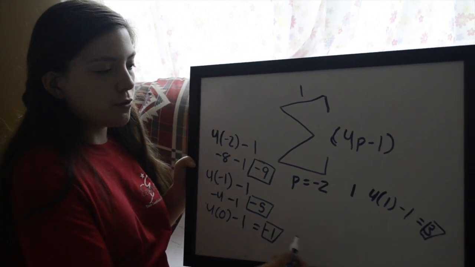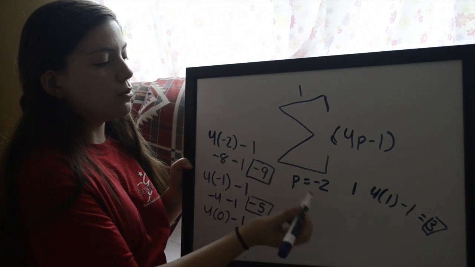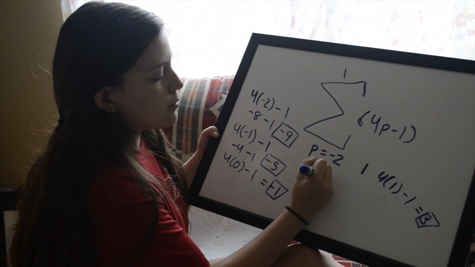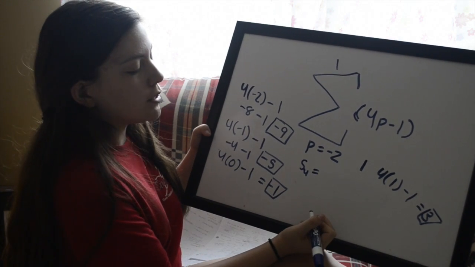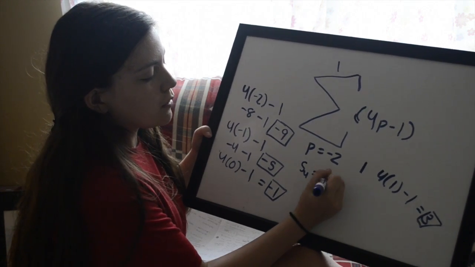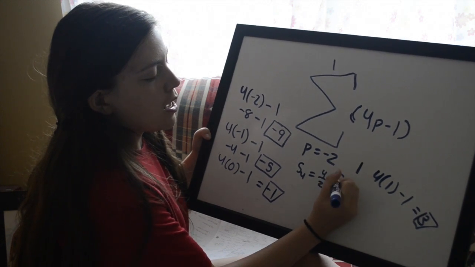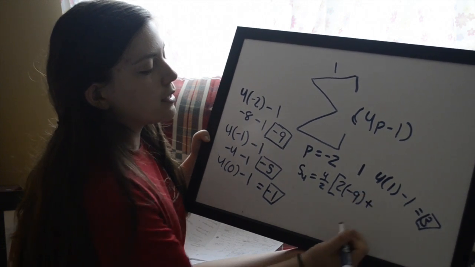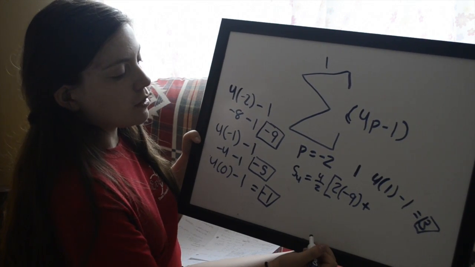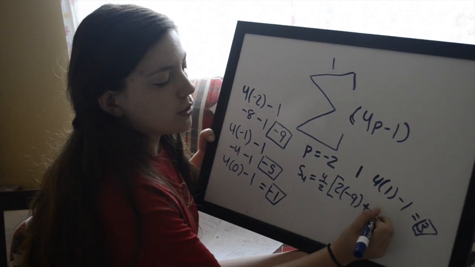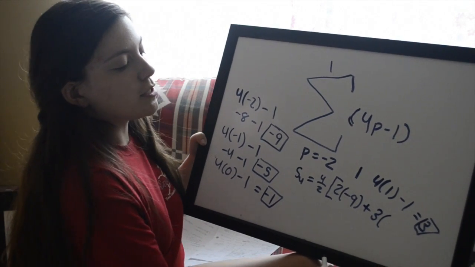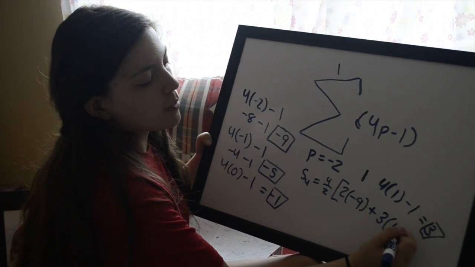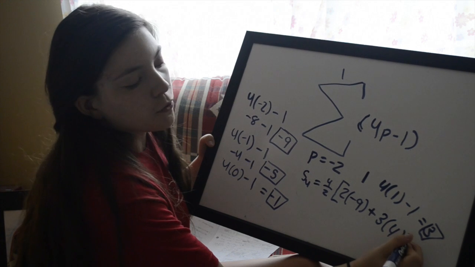Obviously, we can just add these 4 terms if we wanted to, but if this were to extend to 100, we're obviously going to need an easier way to find the sum. So the sum of 4 terms is going to equal the number of terms divided by 2. The number of terms is 4, divided by 2. And then 2 times the first term, which is negative 9, plus n minus 1, the number of terms, 4, minus 1, which is 3, times common difference d, which, if you look from here to here and here to here, you're adding 4 each time, so your common difference is 4.